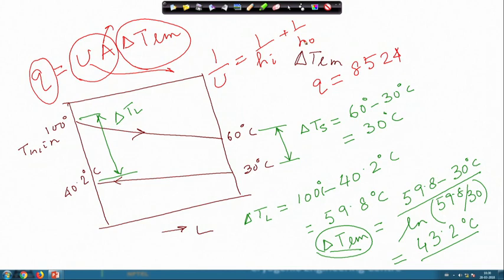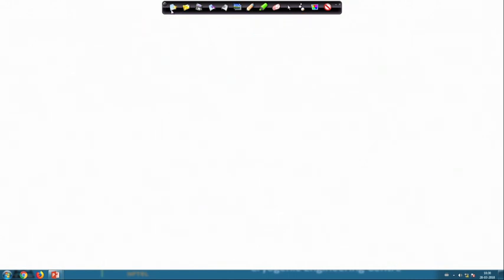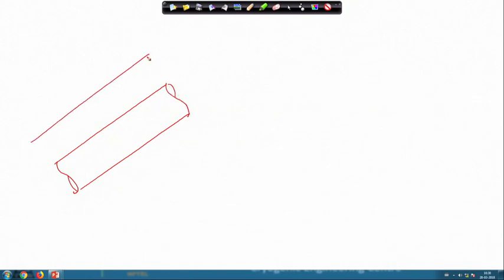by h o. If we look at our geometry, we will find that this is the internal tube and we have the external tube. The heat transfer is taking place through this wall, and so this heat transfer surface area is of our main concern.